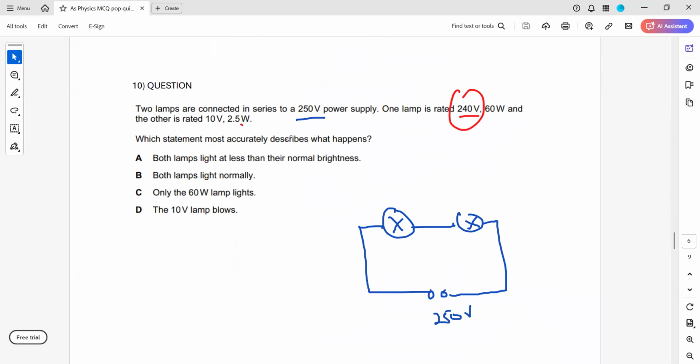Which statement most accurately describes what happened? If I have a 250 volt supply, in one lamp I need 240 and in the other I need 10. Is it possible to connect these two lamps in series? Yes, it is possible because the total is 250. So that 250 volts will divide in series. One lamp will have 240 volts, another can have 10 volts.